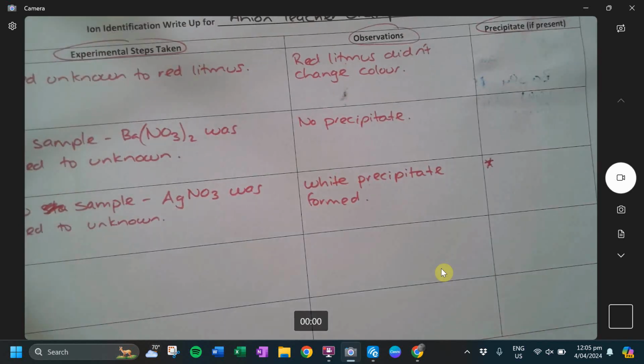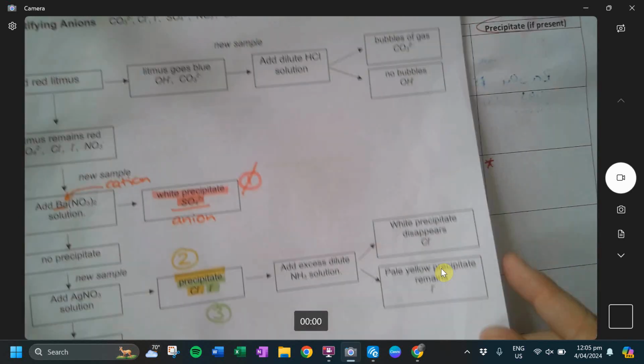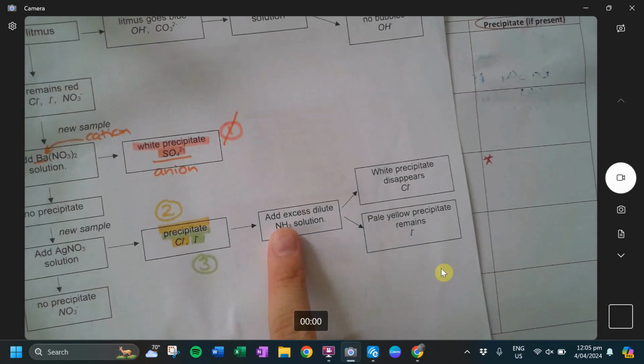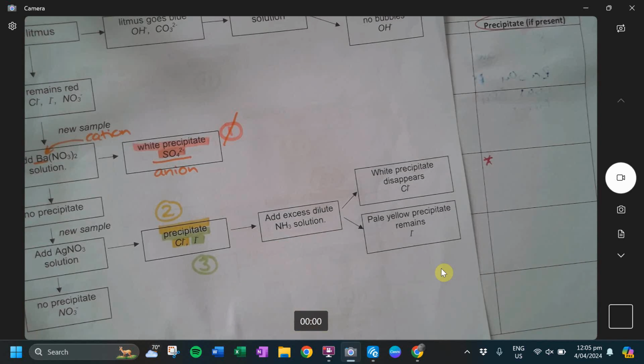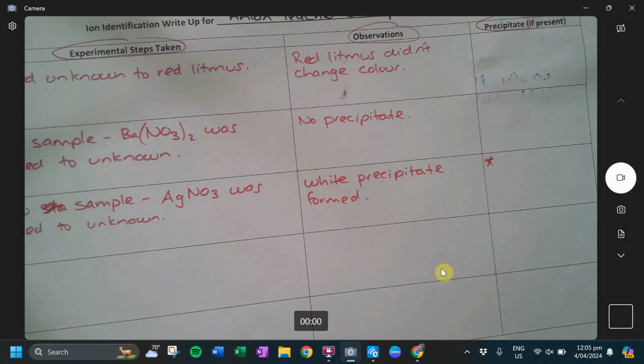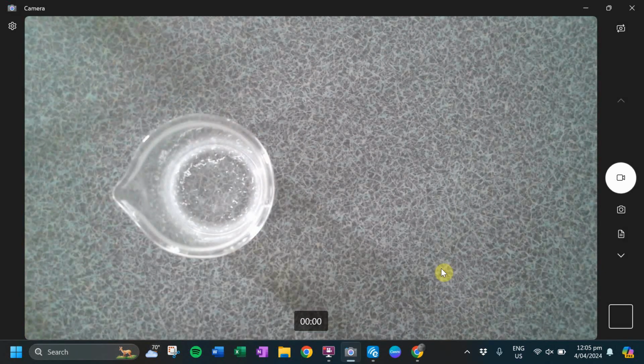All right, what is the next step that I need to do according to the flow chart? Add excess dilute ammonia to it. Do I need a new sample? It doesn't say new sample. So take what you got, add ammonia, and see if it dissolves.